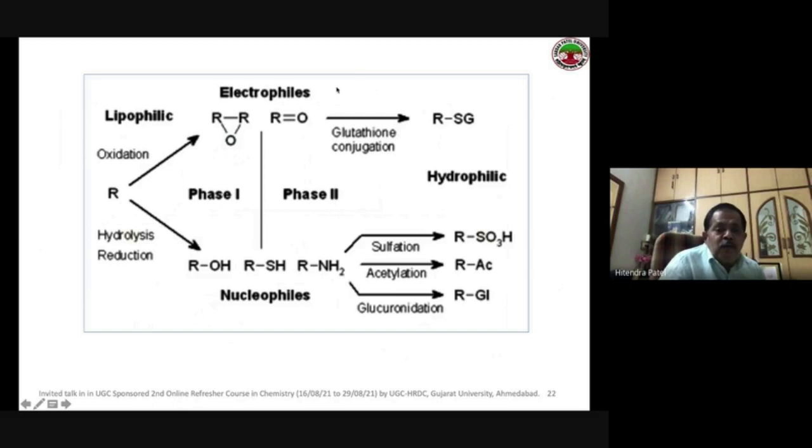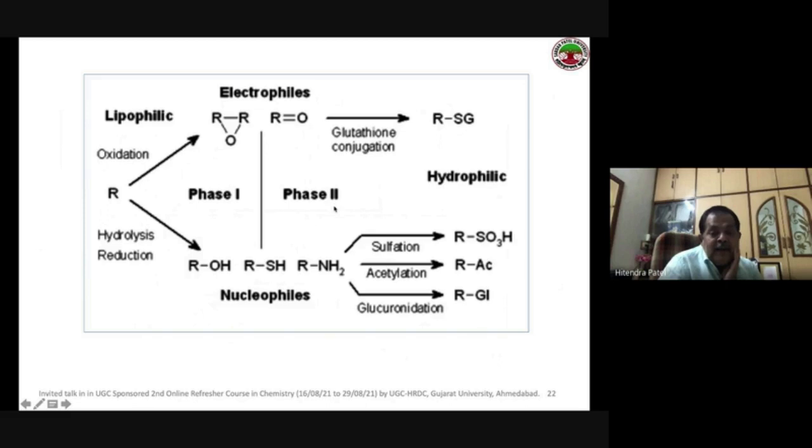So this is one of the ways where, in the first phase, they may convert into the cyclic ether form, right, and the aldehyde and ketone formation is also there. Now, another way when we talk about phase 1, in which hydrolysis or reduction takes place, converts the drug molecule into fragments with OH, RSH and RNH2 functionality, with a nucleophilic nature.